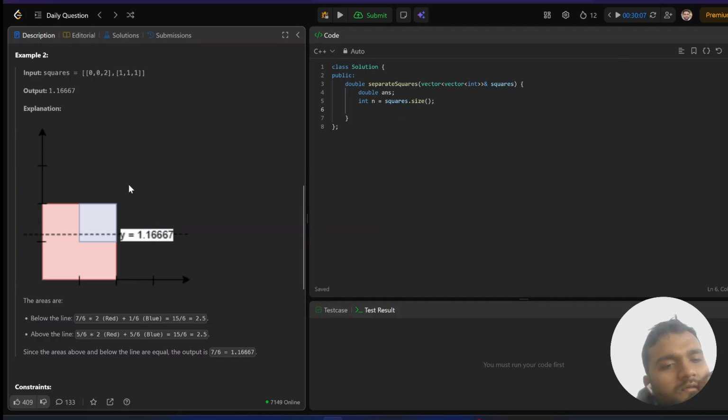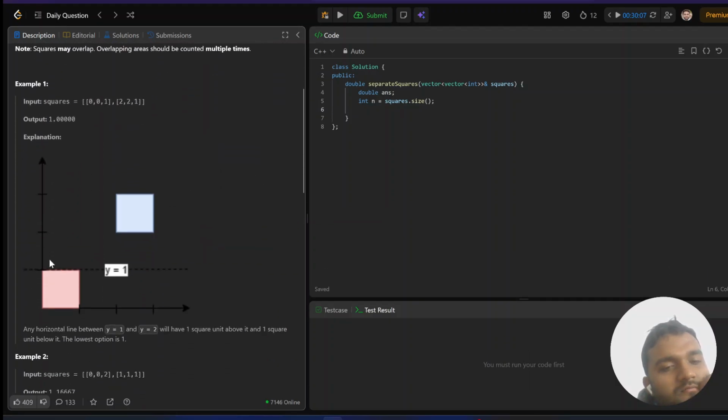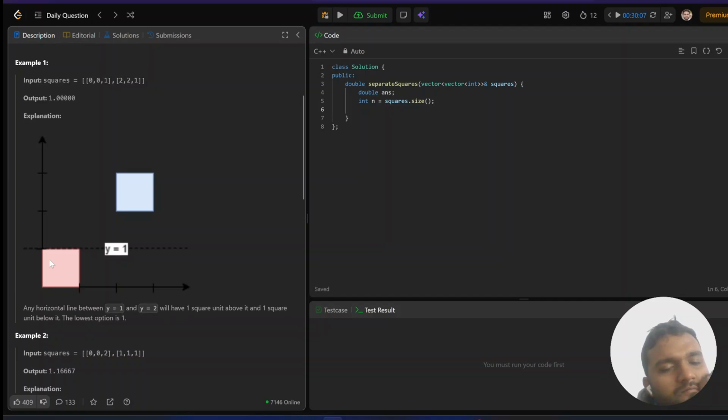Or what we can do: we have to calculate the minimum value of y that divides the areas made by the squares into two equal parts.